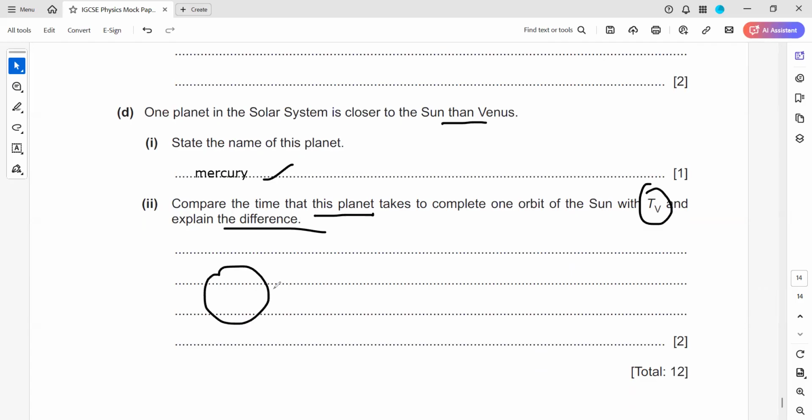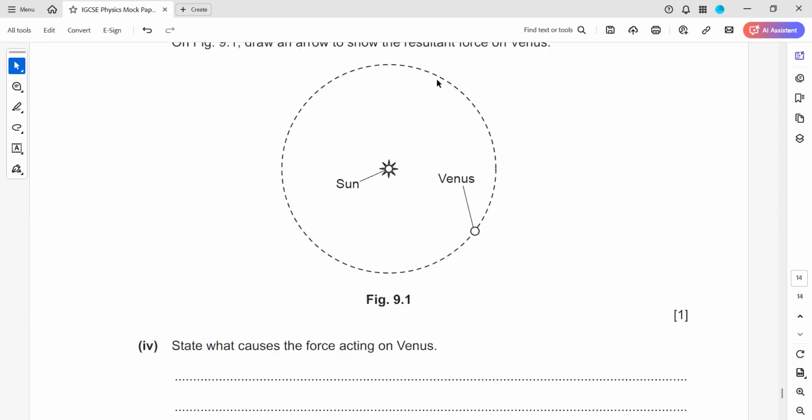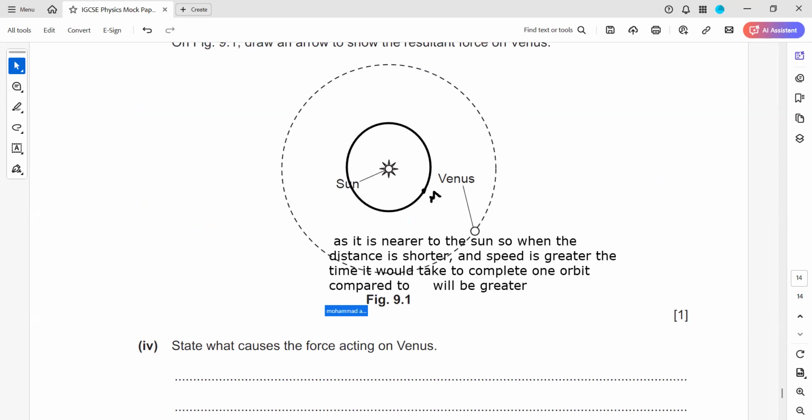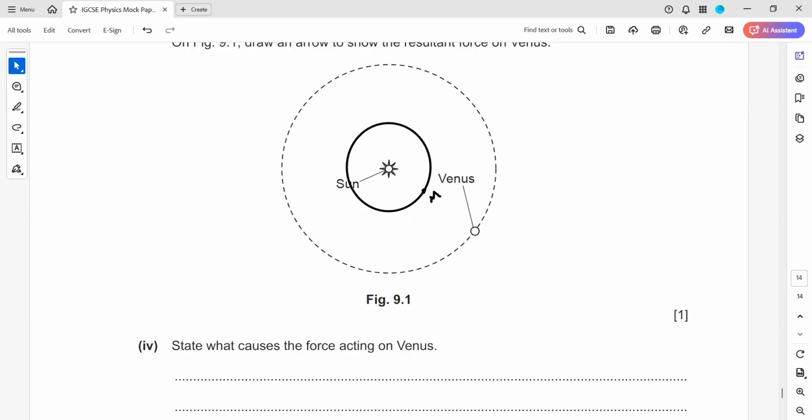Like we have a sun, and another planet around it, which is Mercury. Will it take longer or shorter to orbit the sun? It will take less time as it is near, so it will have a shorter distance or a greater speed.